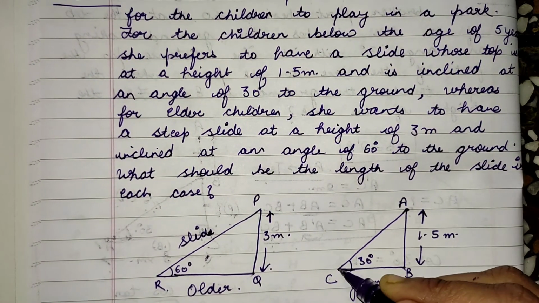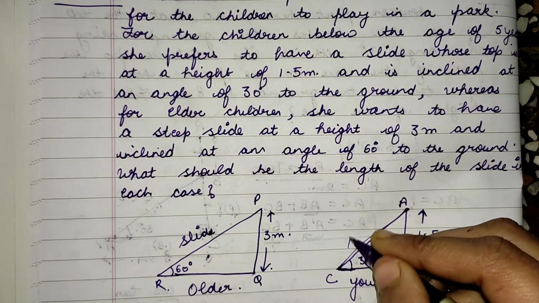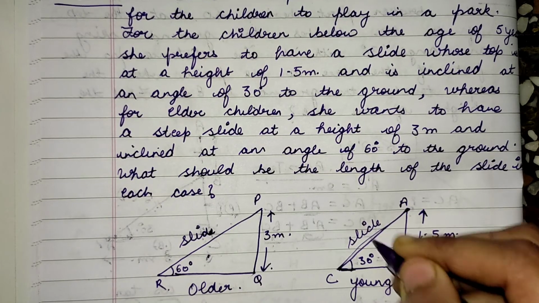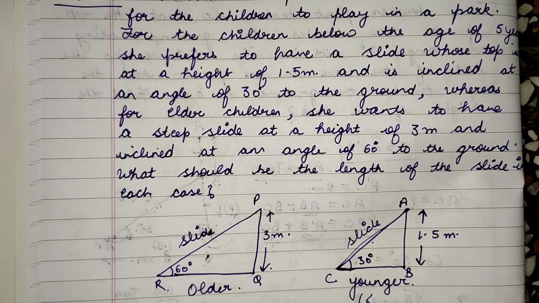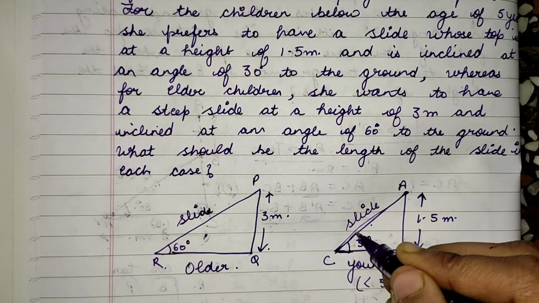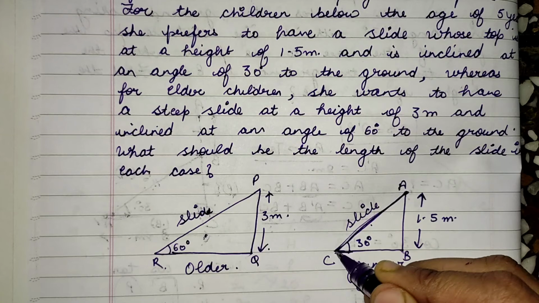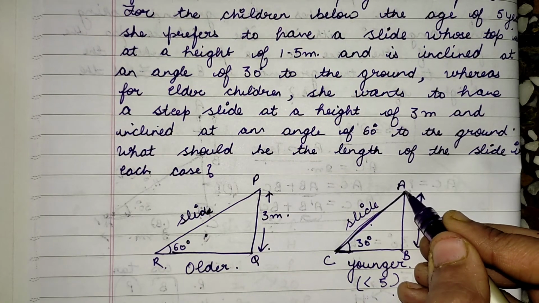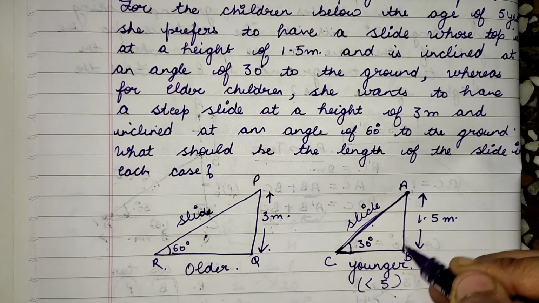Means this is my slide for the younger children, the children below the age of 5 years. He imagined that this should be at a height of 1.5 meter from the ground.